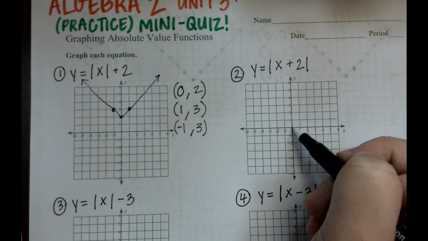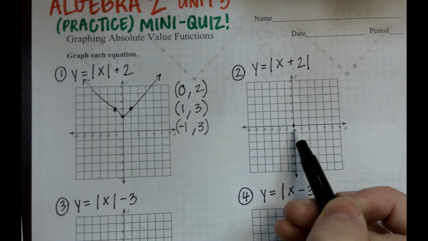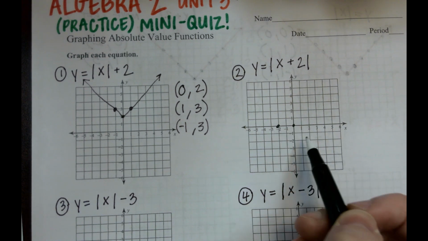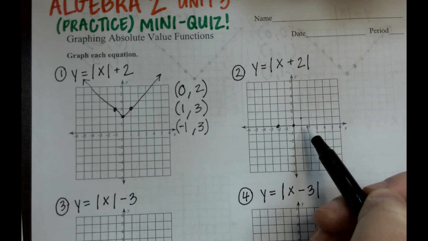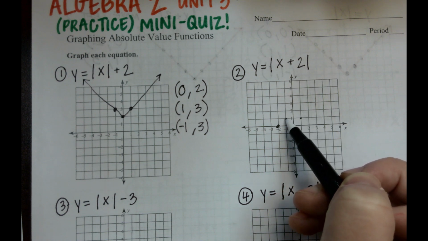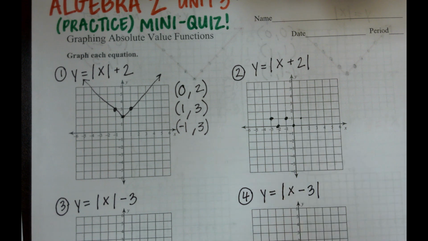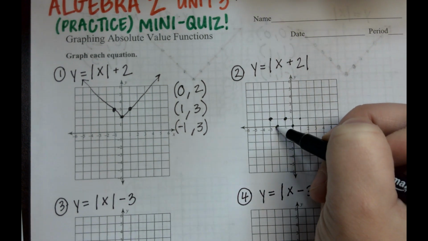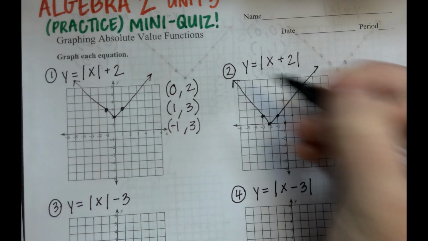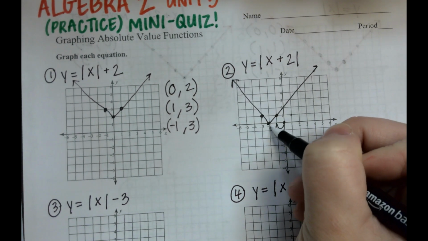So if my starting point was here, I'm going to go over 1, 2. If my next point was here, I'm going to go over 1, 2. My next point was here, 1, 2. See that? So I went from here and I went over 2.